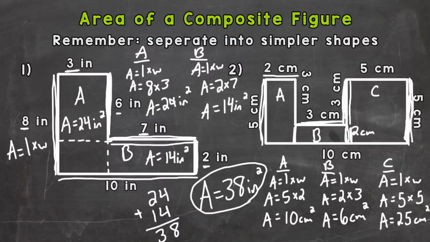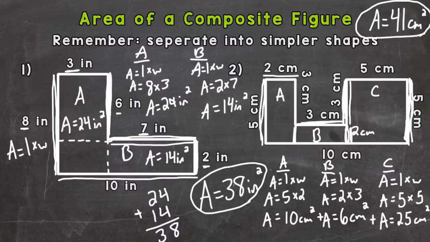Now we need to add these together: 10 plus 6 plus 25. 10 plus 6 is 16, plus 25 is going to give us 41. I'm going to put it in the top right corner where I have some room. Area equals 41 square centimeters. And that's our final answer for number 2.